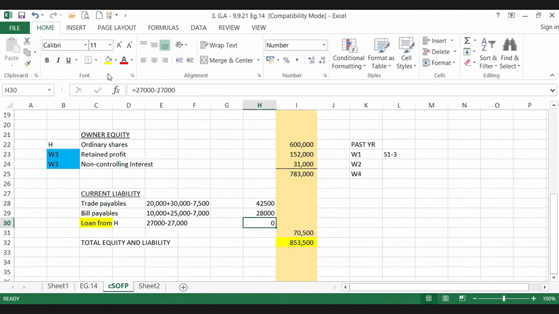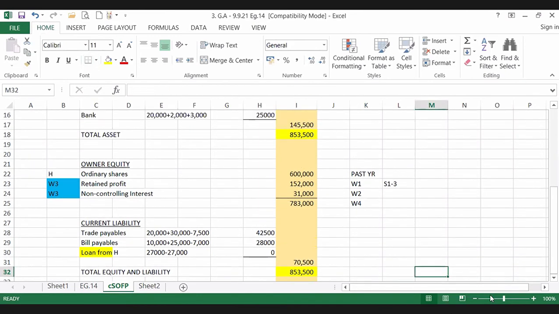So that is our total asset and total equity and liability. Any questions so far?